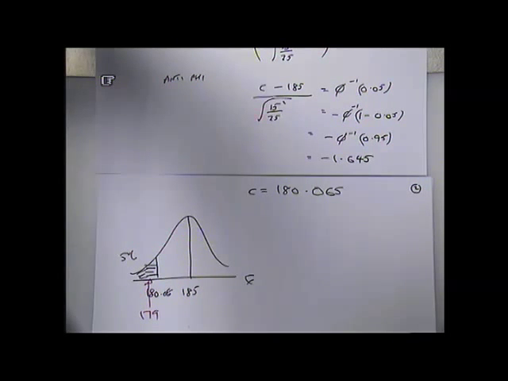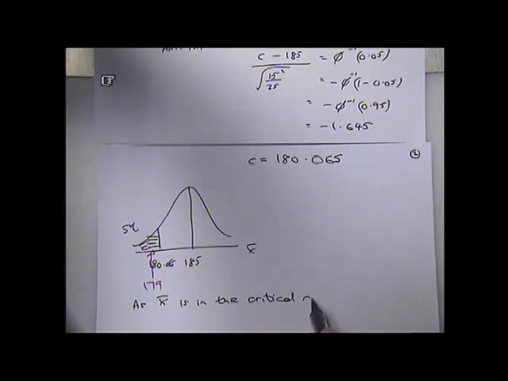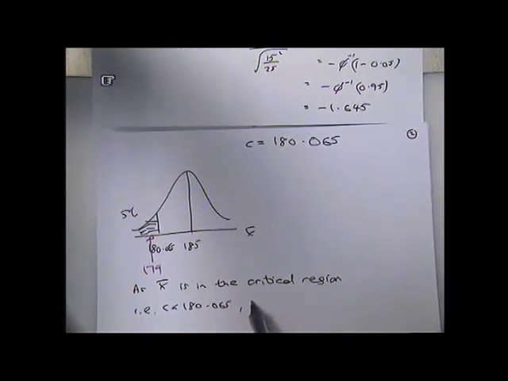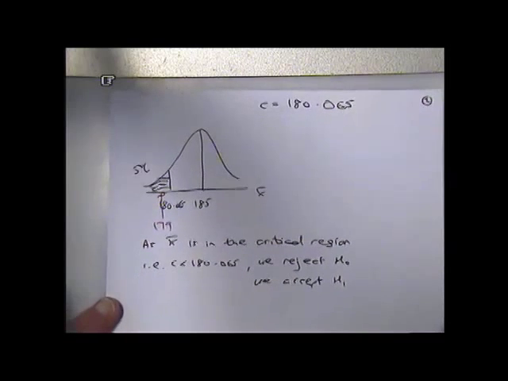So, the final bit, writing down our conclusion, you could say in an A-level exam, as X bar is in the critical region, i.e. it's less than 180.065, we reject H0, which means we have no choice other than to accept H1, and then you need to give a wordy answer to that.